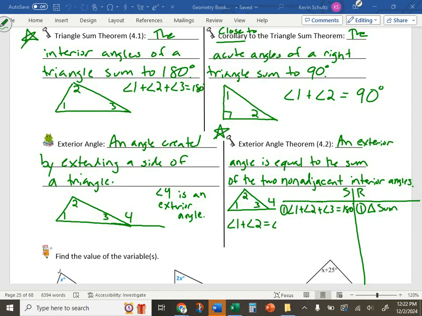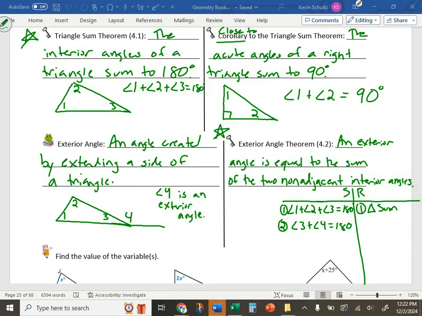We also know, we need to write this down. Yes, I'm going to make you write it down. Okay. We also know that angle 3 plus angle 4 equals 180. How do we know that angle 3 plus angle 4 equals 180?